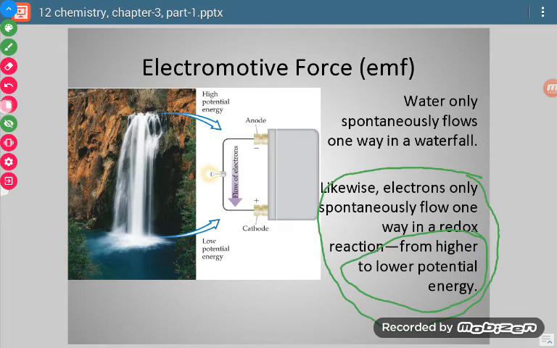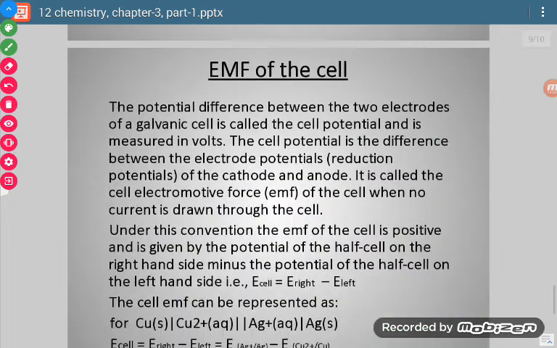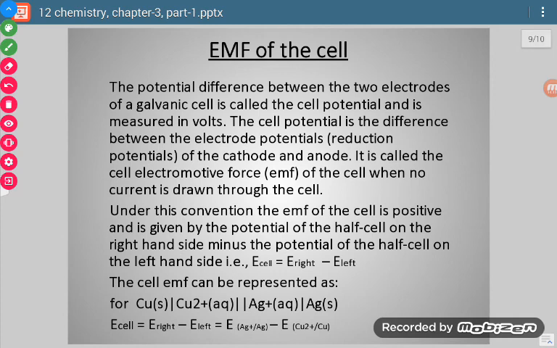Now mathematically, how can we see it? The potential difference between the two electrodes is called the cell potential and is measured in volts. The cell potential is the difference between the electrode potentials of the cathode and anode. It is called the electromotive force of the cell when no current is drawn through the cell.